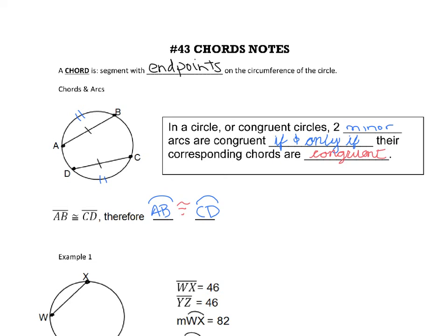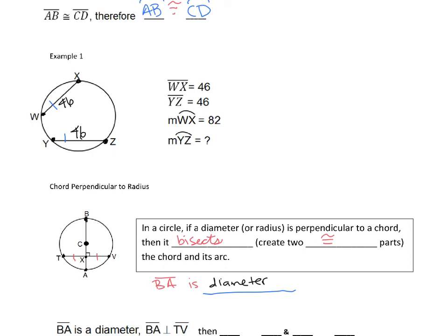So let's look at an example. First example here, notice I've made some markings. Chord WX is 46 and chord YZ is also 46, so I marked them as congruent. Then it tells us the measurement of arc WX is 82 degrees.